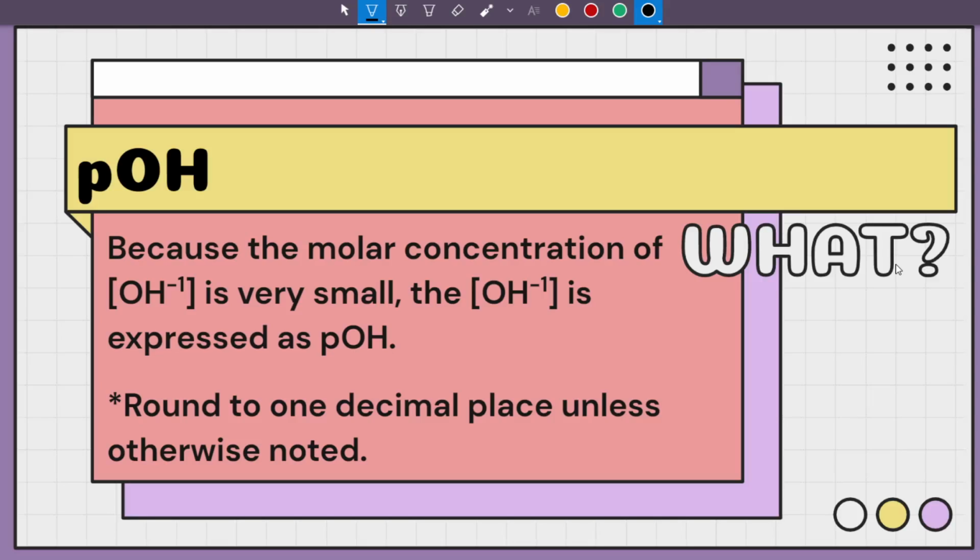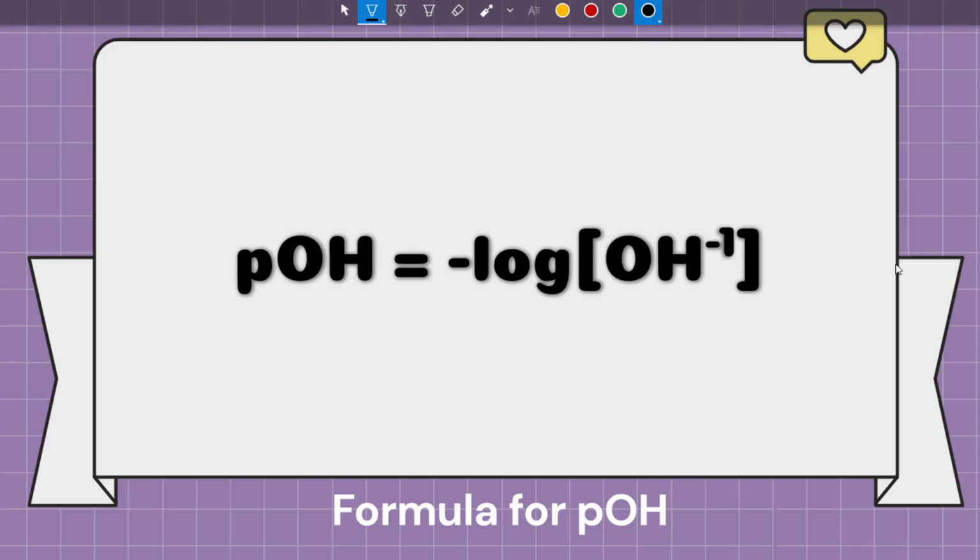The same thing goes for our hydroxide ions. If you have a strong base, you're still only going to get a low molar concentration, so we express it as pOH.